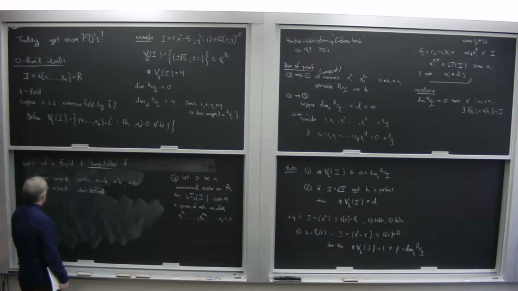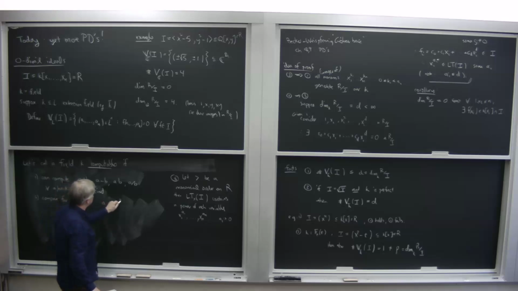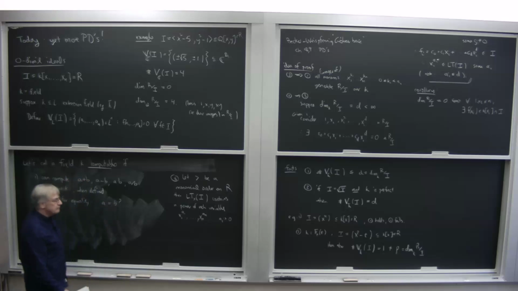So we have this, and 0 and 1 you should be able to tell. You also want to be able to compare two elements for equality. You should be able to determine if A is equal to B. Okay. So in particular, you should be able to tell if an element is 0 or 1, which sometimes is completely non-trivial to do.